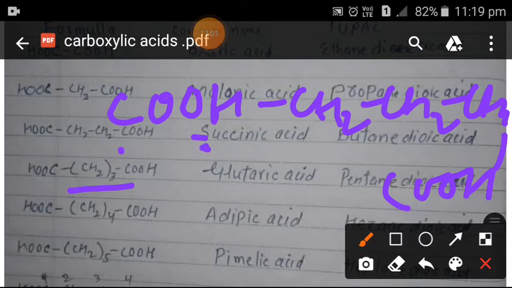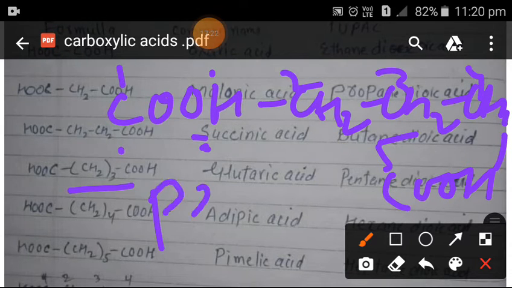Both the groups are terminal. Accordingly, you can number from either side: 1, 2, 3, 4, 5. So here are 1, 2, 3, 4, 5 carbon atoms. Accordingly, the word root will be pent.